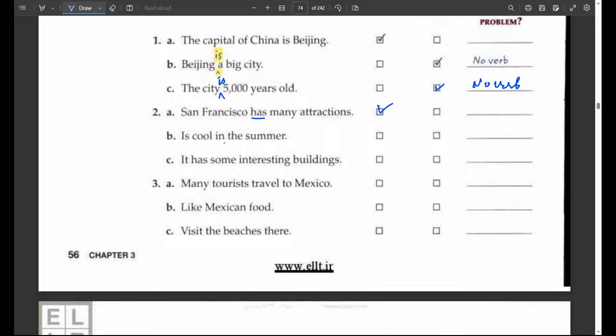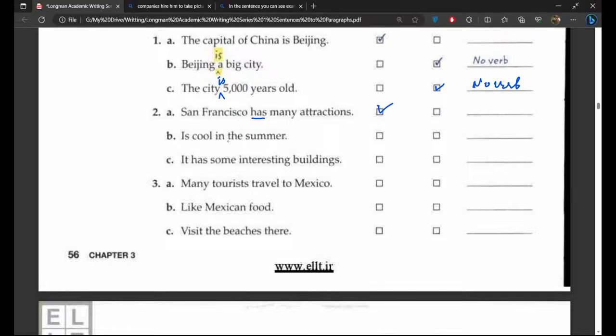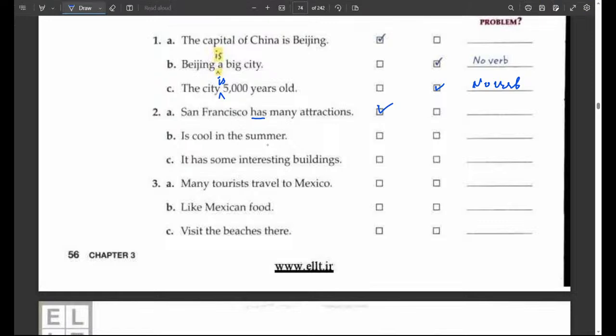Is cool in the summer. This is again incomplete.